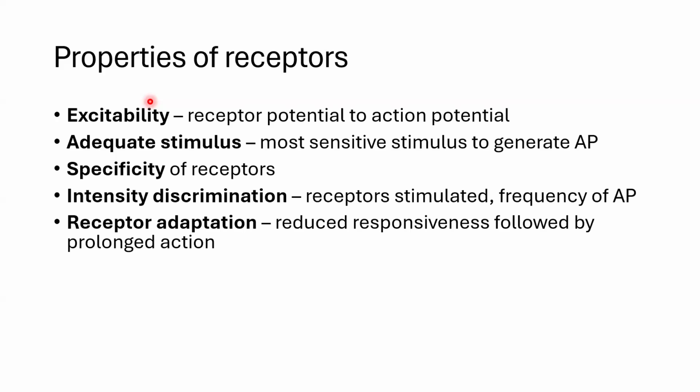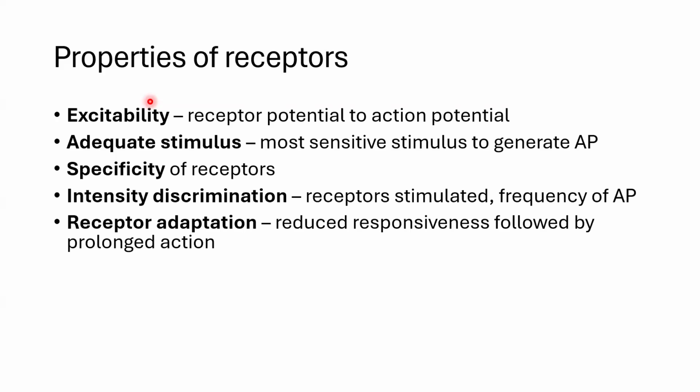Then the last one is receptor adaptation, which is reduced responsiveness following prolonged action. A good example is when you wear a shirt: at the first moment, you realize that you have worn a shirt. But with time, due to prolonged wearing of that shirt, the awareness of wearing it is reduced.